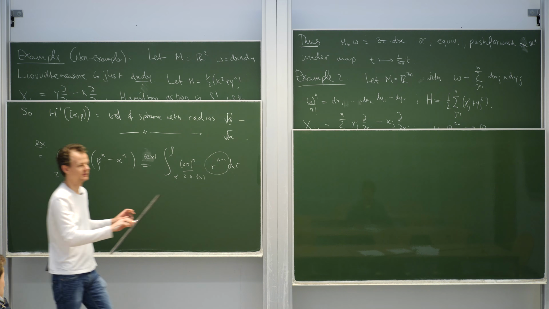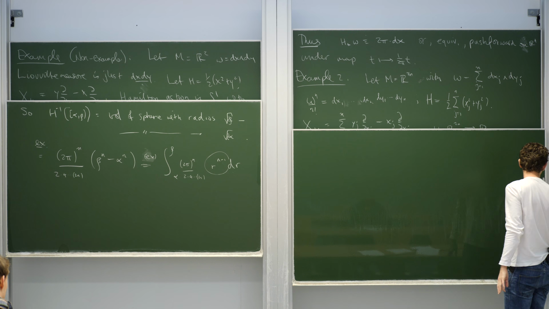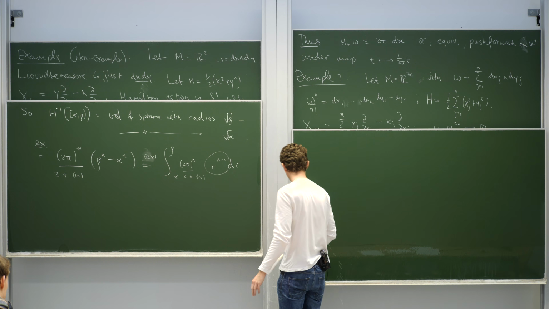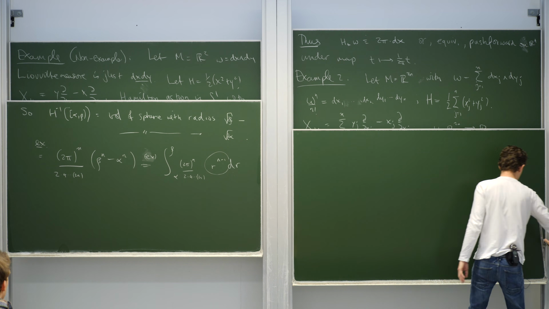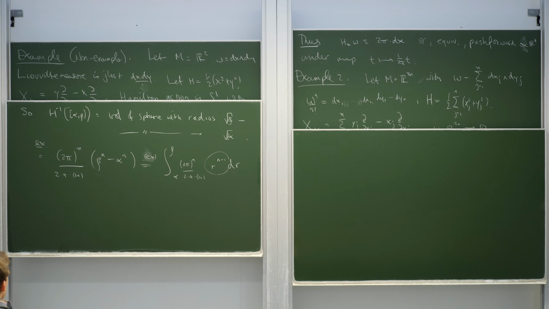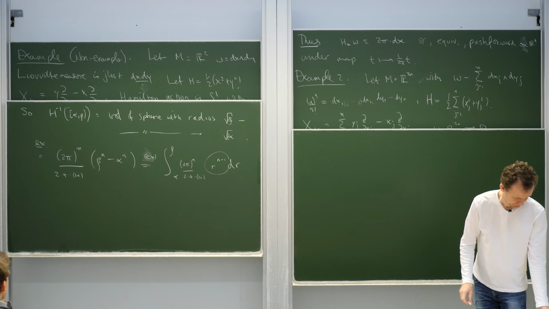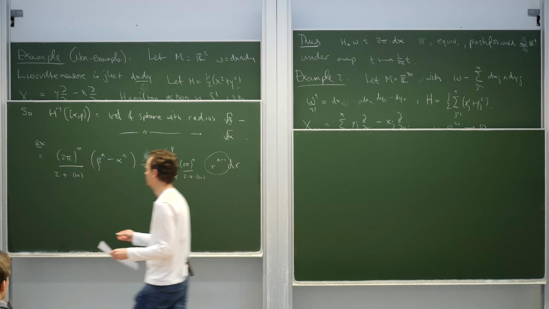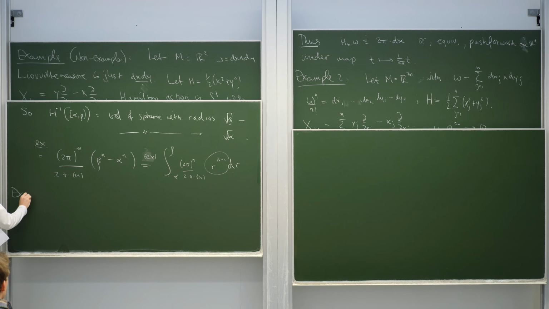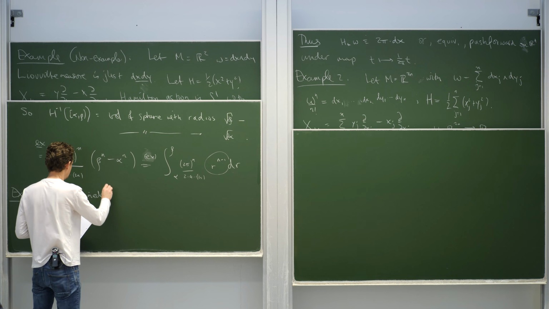Look at our favorite example of the sphere, S1 acting on the sphere. So we're going to argue that the Duistermaat-Heckman theorem is a generalization of a theorem of Archimedes.